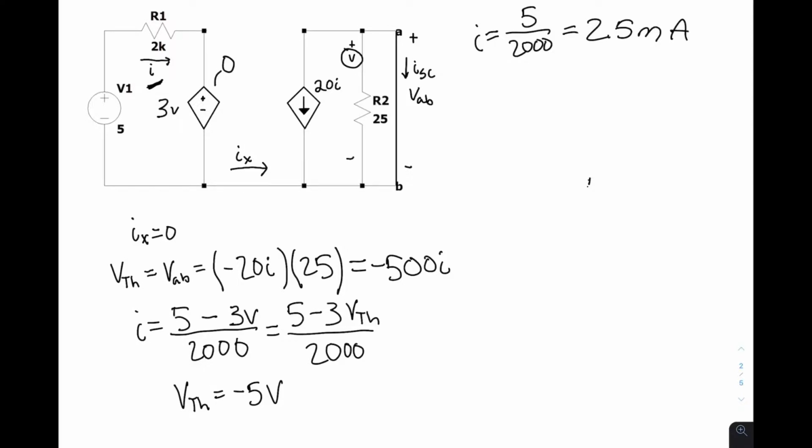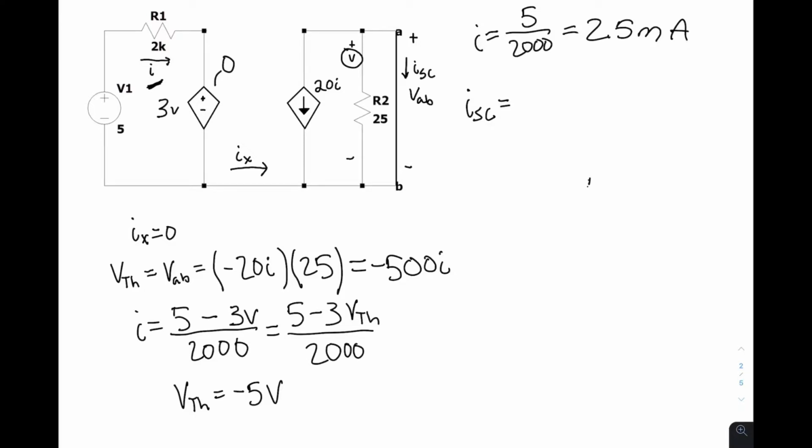So solving for the short circuit current, ISC, we're going to take a look at the circuit. In the short circuit, the current is going to take the least resistive path. So all of the current is going to go through the short circuit. Therefore, all of the current from the dependent source is going to appear in the short.